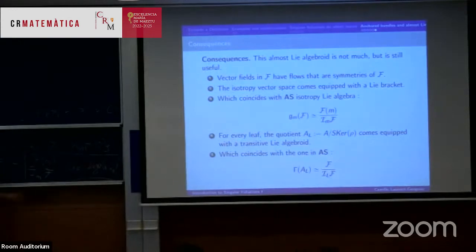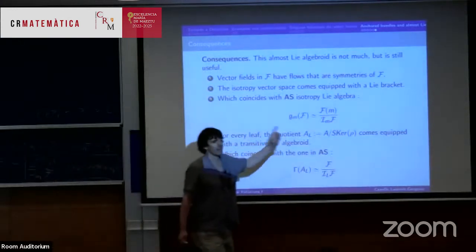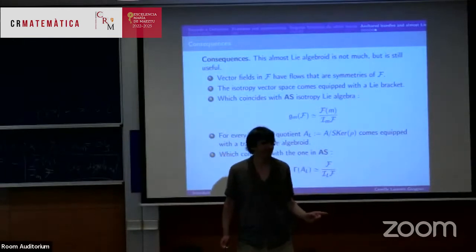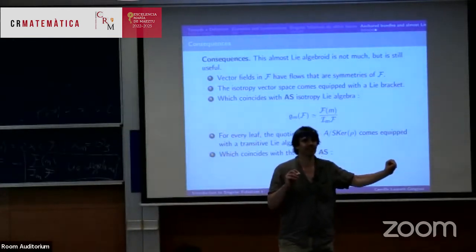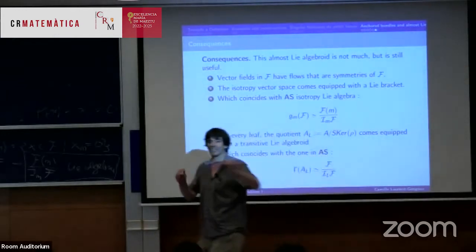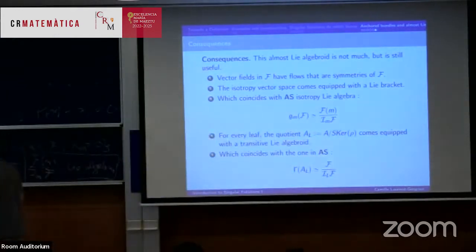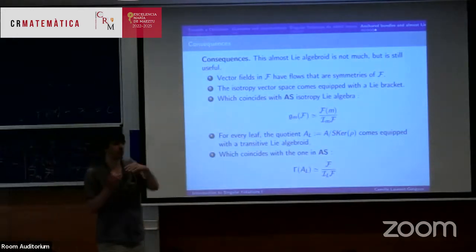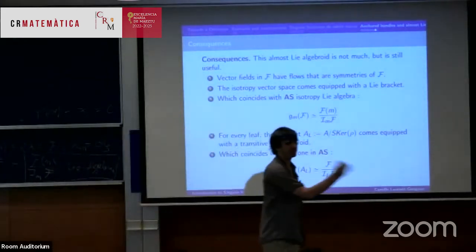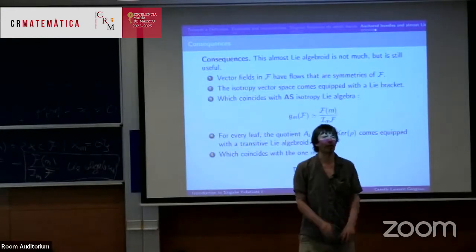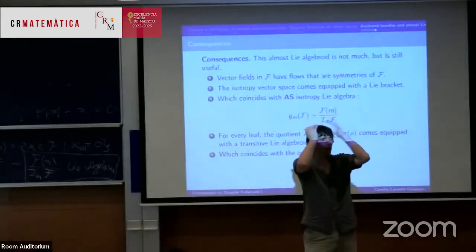Okay. What I did for a point, I could do for a leaf. Take a leaf, L. You have your anchor bundle on the leaf. You restrict to the leaf, and you divide by the strong kernel at each point. You may say, "Oh, that should be a horrible quotient."